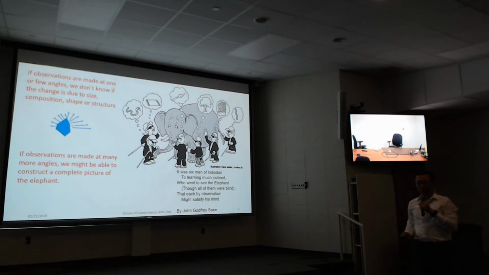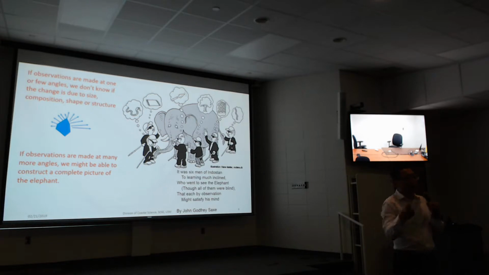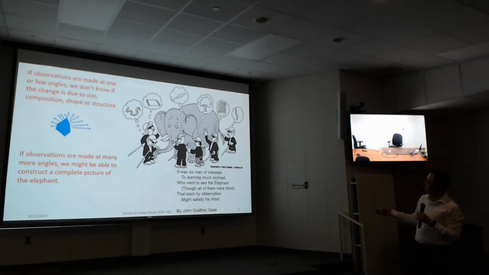On the other hand, if we observe the scattered light at many angles, or in another way to see it, if you have six blind men touching the elephant, now we can probably come up with a complete picture of the elephant. It has this kind of tail, this kind of body, this kind of legs, this kind of ear.